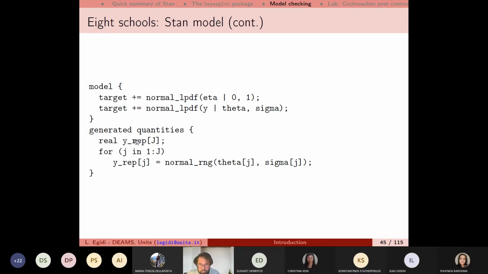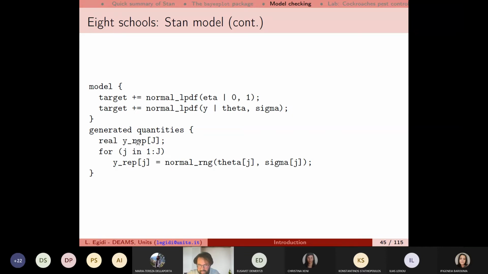Stan hides something in this case. This is a vector, let's say a vector of dimension j, and this is true. But when you extract Y-rep, it will be a matrix of dimension S times n, where capital S is the number of iterations of your Hamiltonian Monte Carlo. So Stan is somehow hiding this for you, because Stan is very effective in vectorization.